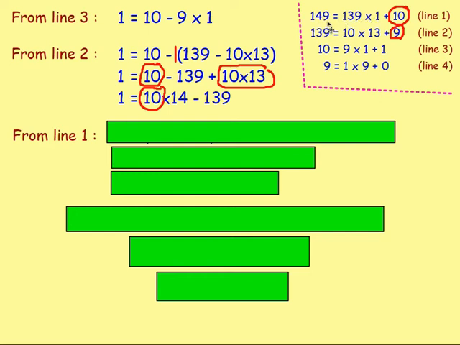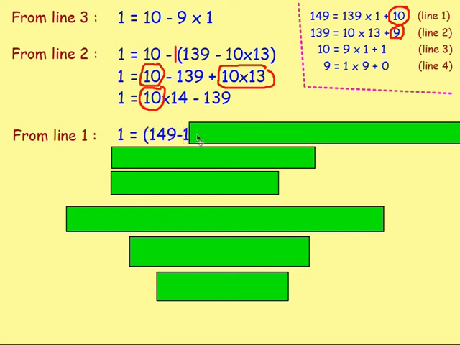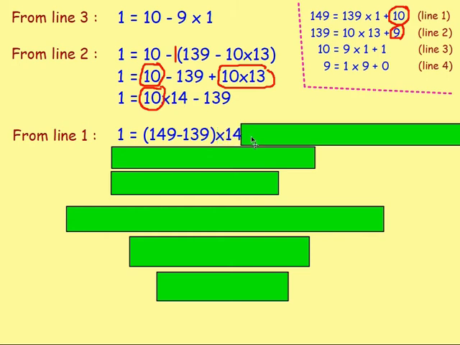Or really just 149, take away 139. So we can say 1 is equal to, replace 10 with, subtract 139 times 1 from both sides, and it'll be 149, take away that 139 times 1. Because I'm timesing it by 1, I'm just writing it as that. That's me rewriting 10. I'm still multiplying that by 14, and I'm still taking away that 139.